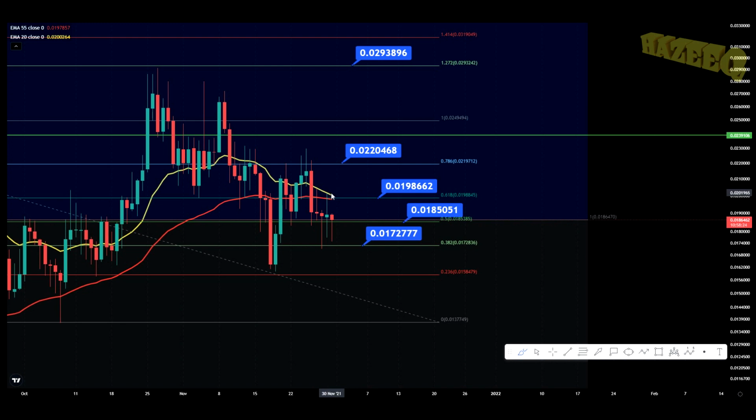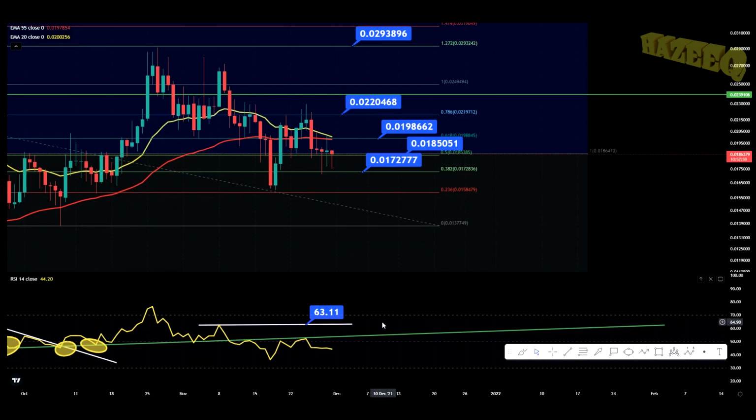Instead, we get an EMA squeeze. So this right here, this is called an EMA squeeze, and we're waiting for that move to the upside. We're waiting for the bounce off the 20 EMA off of the 55 EMA. We're waiting for that bounce. That will complete the squeeze, and the price will skyrocket, basically. That's what we're hoping, at least for the end of the year.